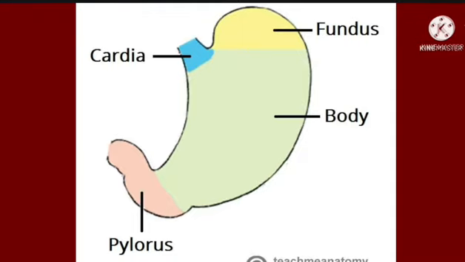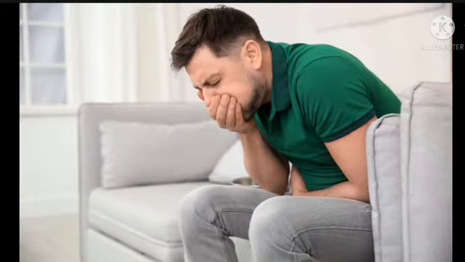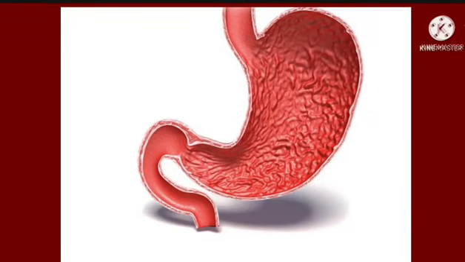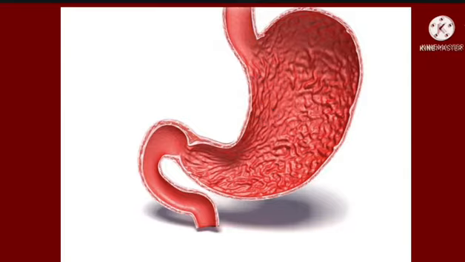The opening of the stomach into the duodenum is guarded by the pyloric sphincter. It periodically allows partially digested food to enter the duodenum and also prevents the regurgitation of food. The inner wall of the stomach has many folds called gastric rugae, which unfold to accommodate a large meal.